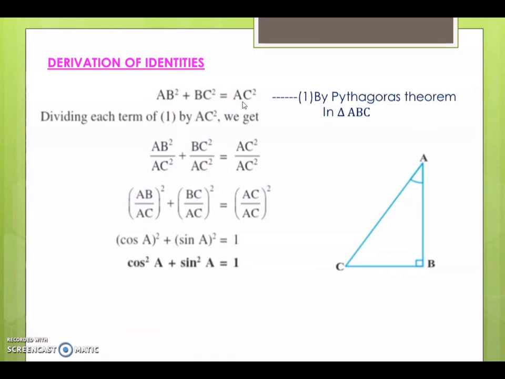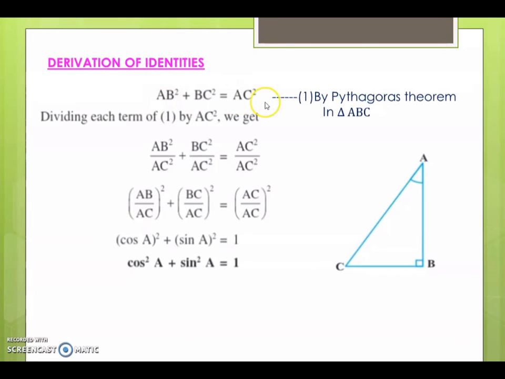First one we will prove: sin square theta plus cos square theta is equal to 1. So for that we'll consider any right angle triangle. We'll take this right angle triangle ABC, which is right angled at B. Now if we apply Pythagoras theorem in this triangle, we will get AB square plus BC square is equal to AC square.